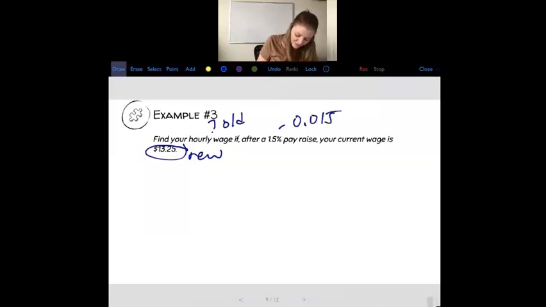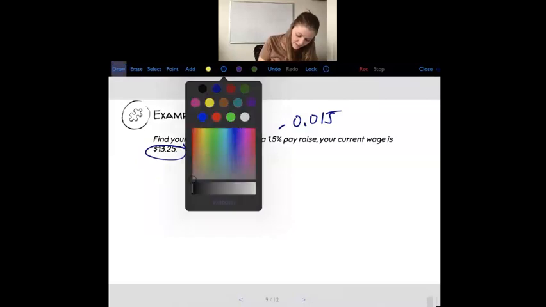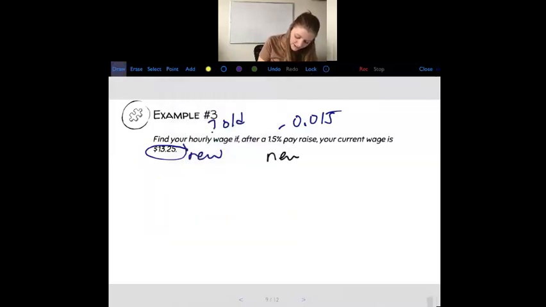So in this case, we're given the new value. So our formula, let me go back to that. Our formula is new is equal to 1 plus P times old. So that's what I'm going to fill in here. But rather than solving for new, we're solving for old.